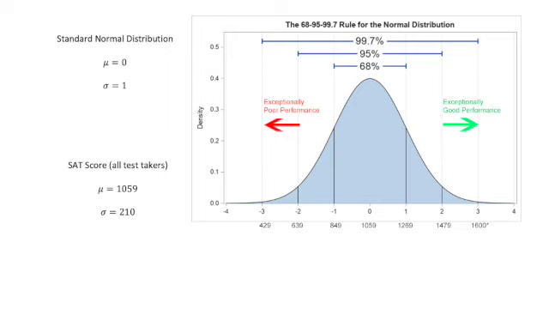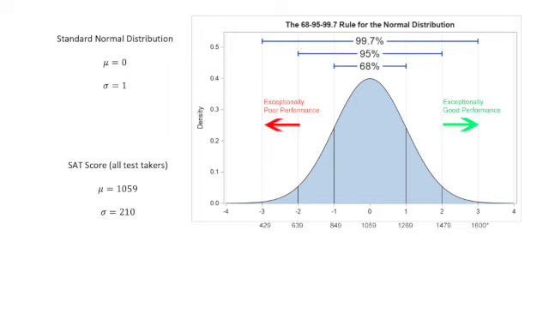So here I've overlaid a visualization of what that might be. To be an exceptionally poor performer at the 95% level, you would have to have a score at or below the -2 standard deviation mark, or at or above the +2 standard deviation mark to be exceptionally good. Substantively, that would call you an exceptionally poor performer if you had a score at 639 or below. That way you would know that basically 95% of test takers are performing above you.